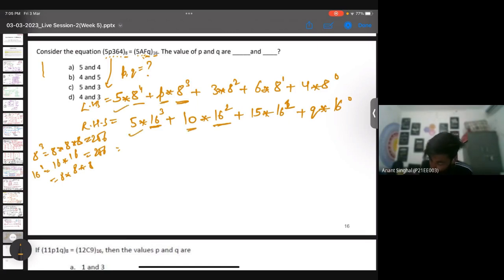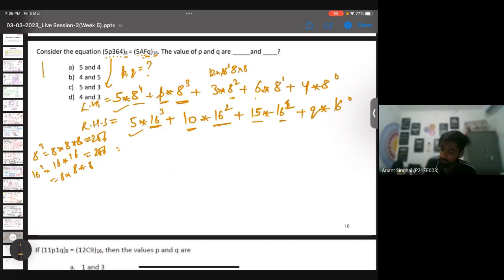Then P and 10 can be compared. And then F is 15, and then 8 square and 16 to the power 1. So 8 square is nothing but 8 into 8. I guess 12 into 8, 16 to the power 1, which are same, and then 4 into 8 to the power 0.